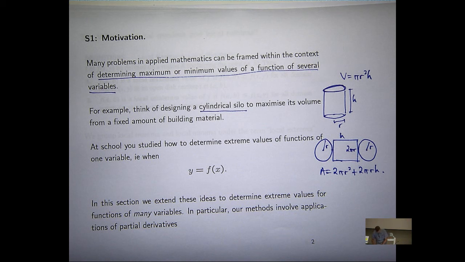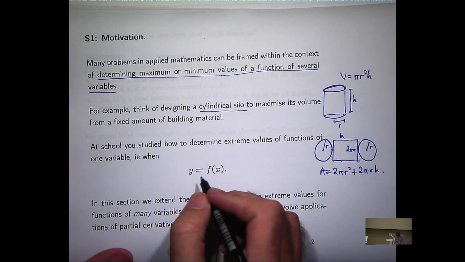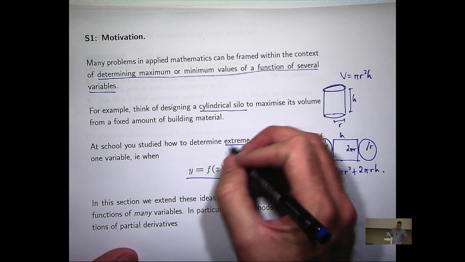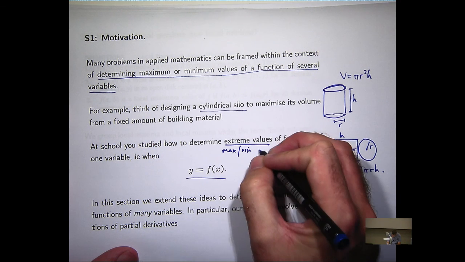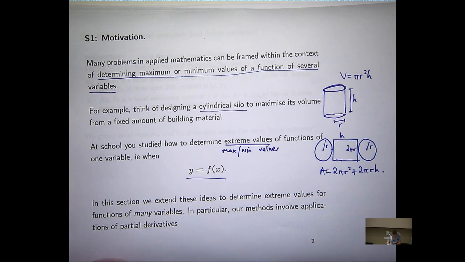Now, at school, you studied how to find extreme values. What I mean is max and min values of functions of one variable. And it came down to, anyone remember? You take the derivative and set it equal to 0 and you solve, and then you can use a second derivative test, right?